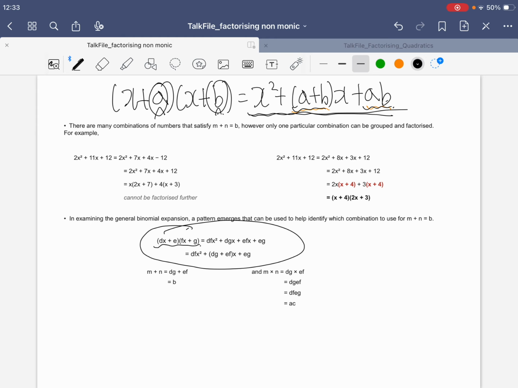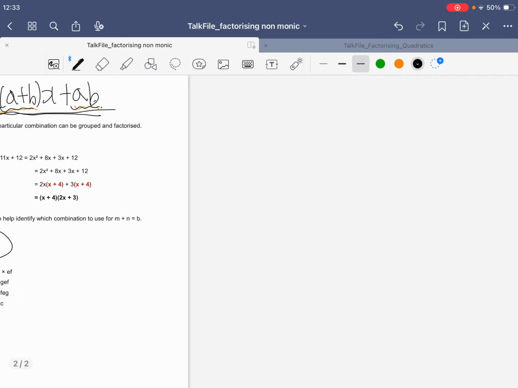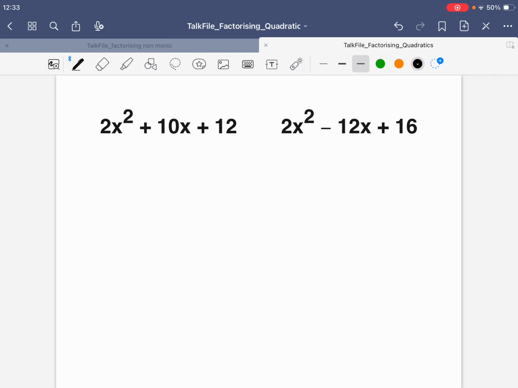Basically the idea is just another standard form like ax plus b and cx plus d, and then you expand this one and then find the relationships between the numbers in factorized form and expanded form. Yeah. For now, let's go over two questions.